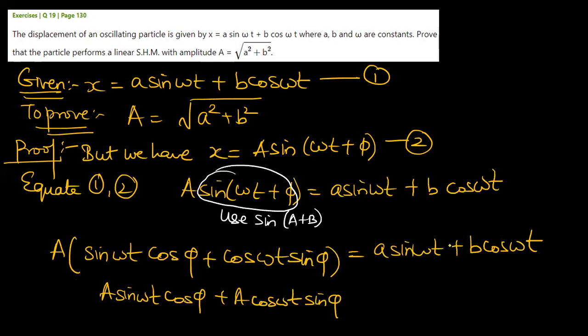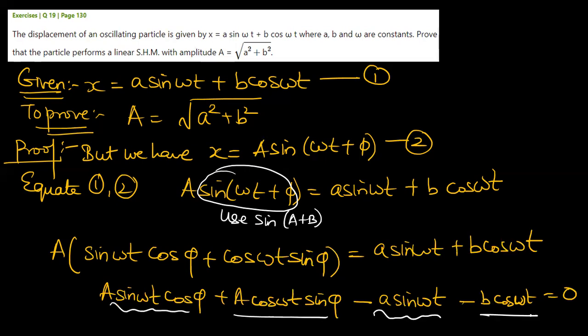Take these both terms to the right hand side, so this will become minus a sine omega t, and take these both terms to the left hand side, so this will become minus b cos omega t, equal to 0. Now what do you see? There are two terms in the equation which have sine omega t in common, and the other terms have cos omega t in common.